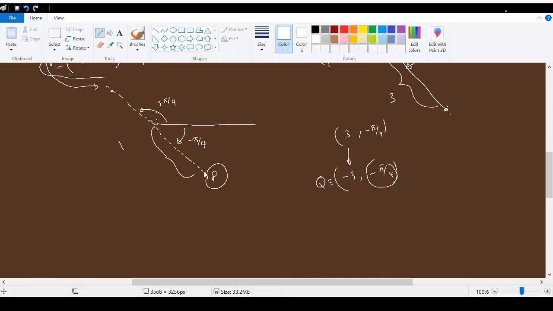Also, this straight line need not be horizontal all the time. The only requirement you have here is a straight line extending from the pole.